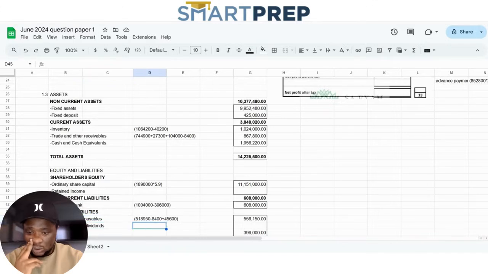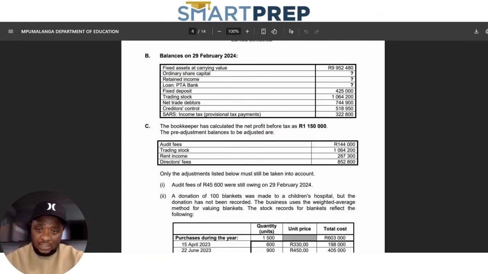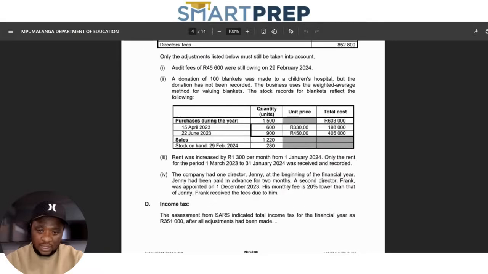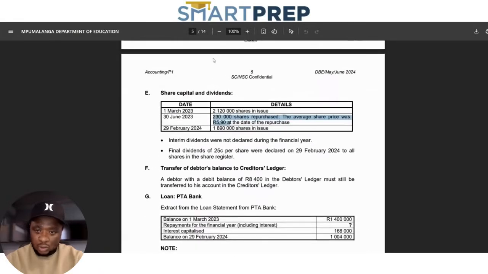And then shareholders for dividends. Well, shareholders for dividends is basically our final dividend. So let's go find that information on the shares and dividends. Well, interim dividends were not declared during the financial year, all right? But then there's a final dividend of 25 cents per share to all shares in the share register.